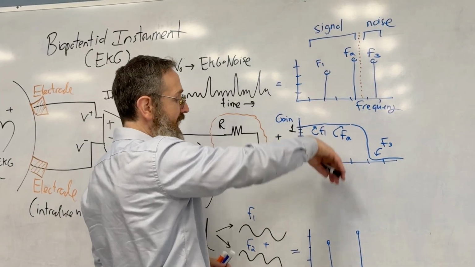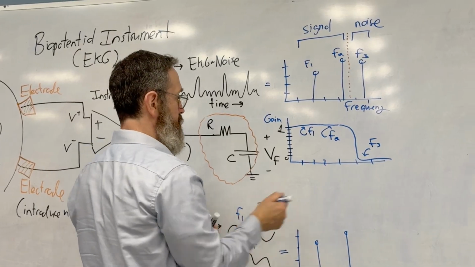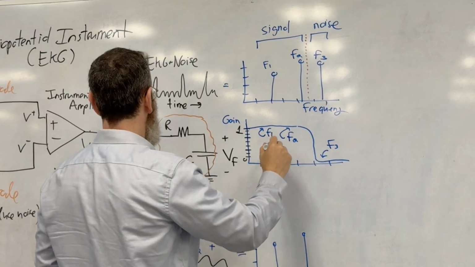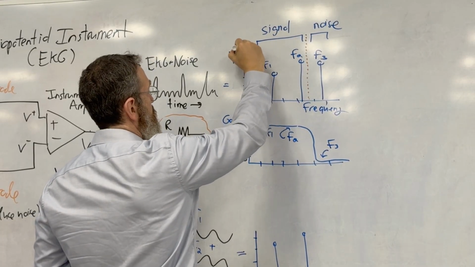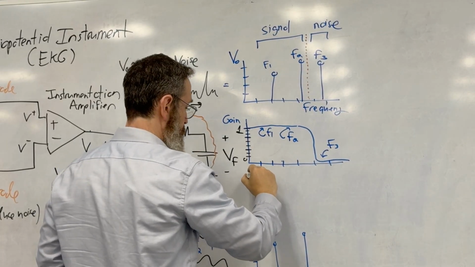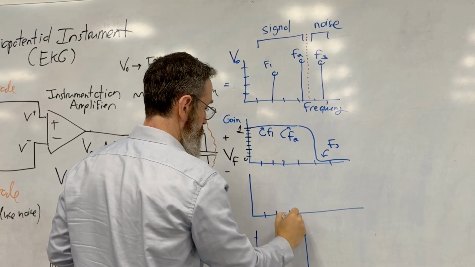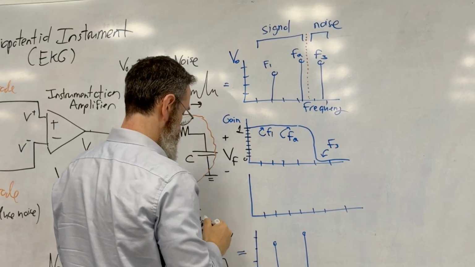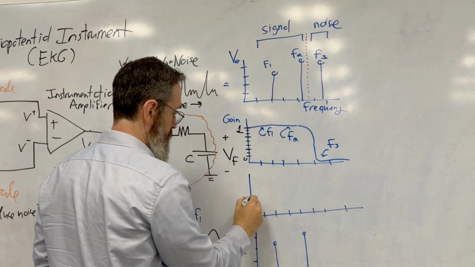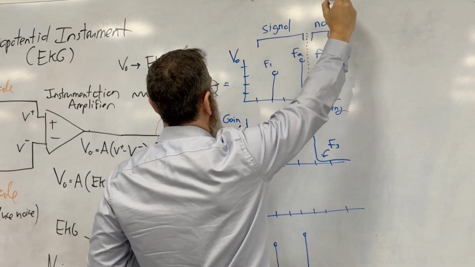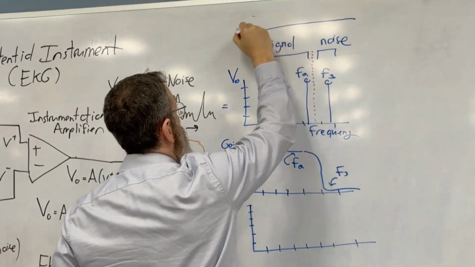And so if we pass this through to the output stage, so this here was V out. If we pass this through to the output stage, let me put a big box around this so it all goes together.